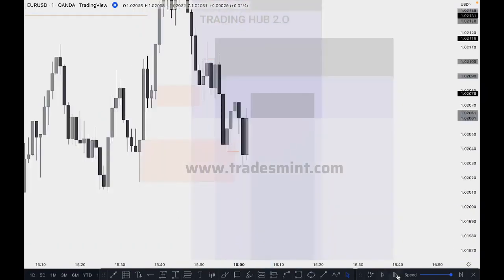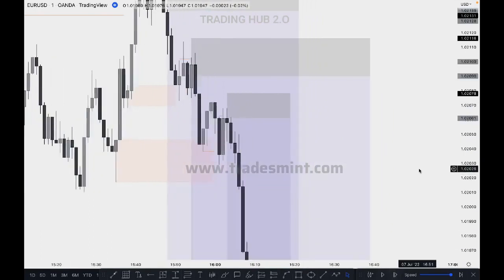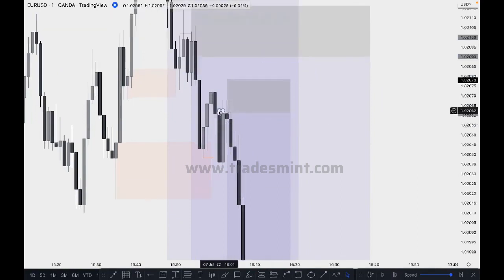Now let's see. You can see how price smoothly worked here. Market swept this previous high, took out this high and closed below it, and we can enter on the next candle, which is here, and put the stop loss just above it.